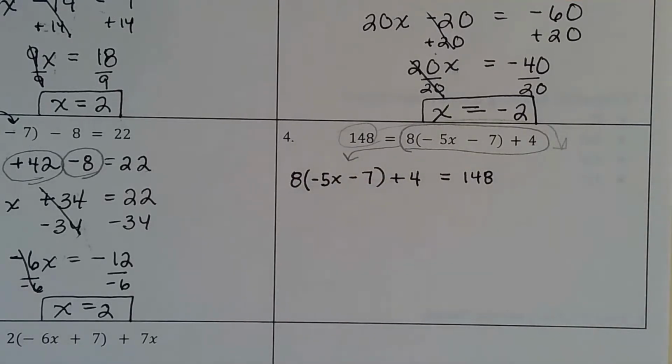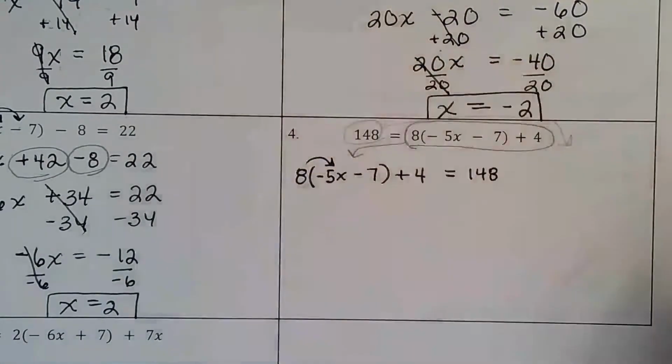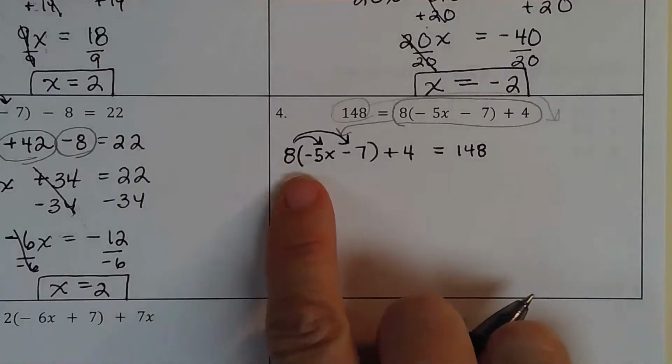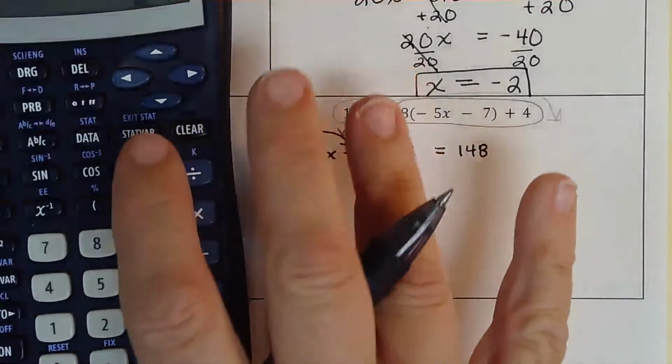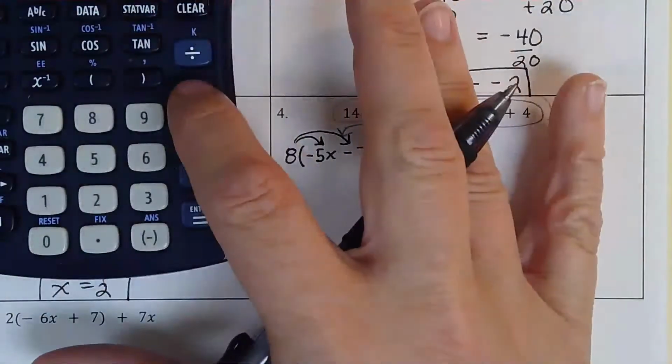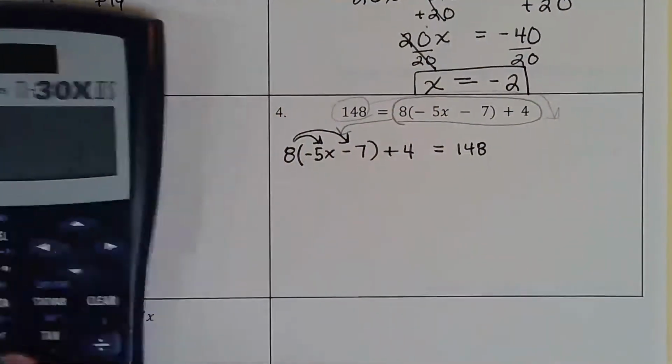Now we're ready to distribute. We're distributing the 8. 8 times negative 5x, 8 times negative 7. 8 times negative 5. Negative 40.